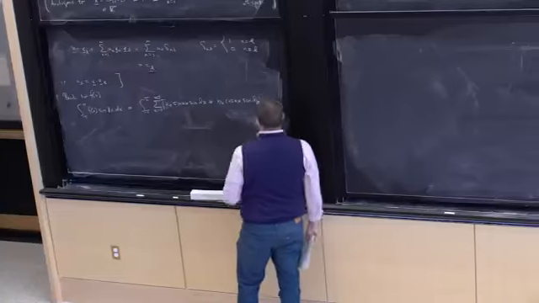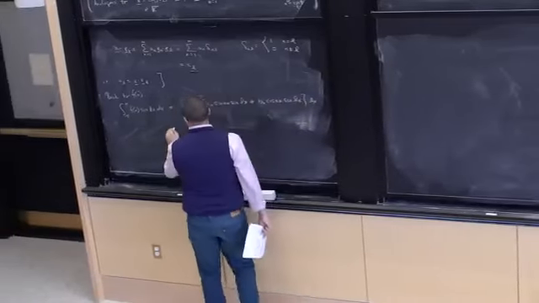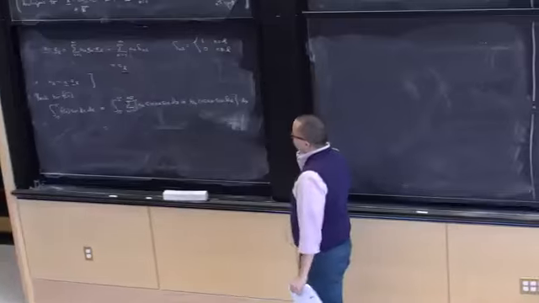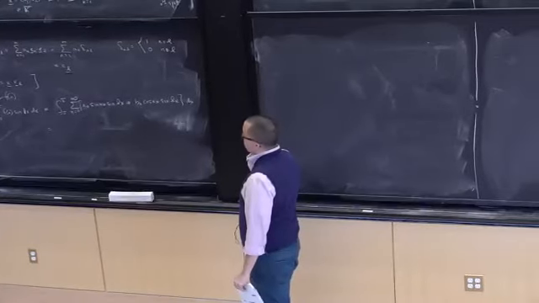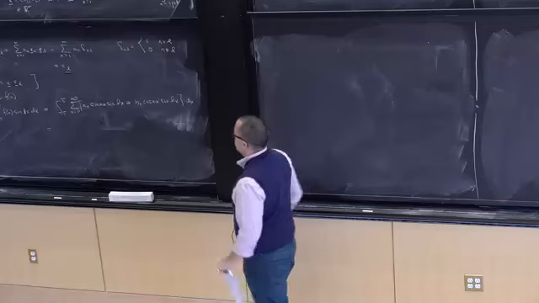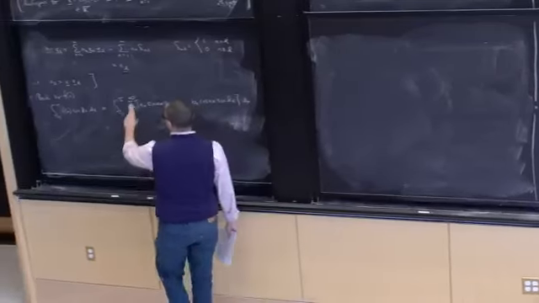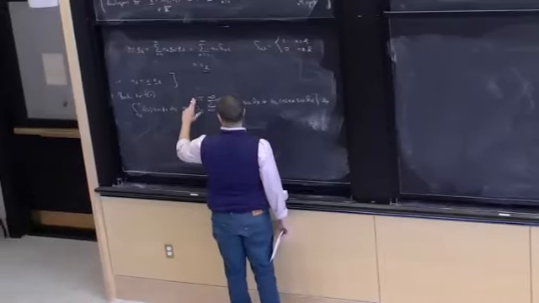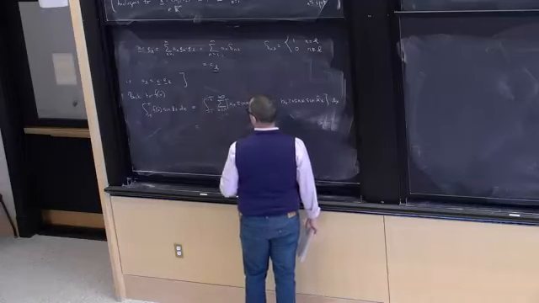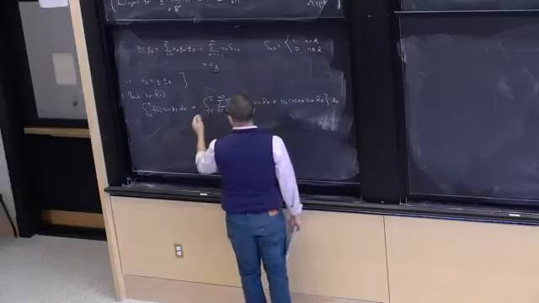Now, assuming I can do what I'm about to do, and that's going to be a lot of the motivation for what we're going to discuss in our final chapter: assuming I can take this infinite sum and interchange it with this integral. This is the interchanging of two limits, right? A sum is an infinite limit. An integration is a limit.